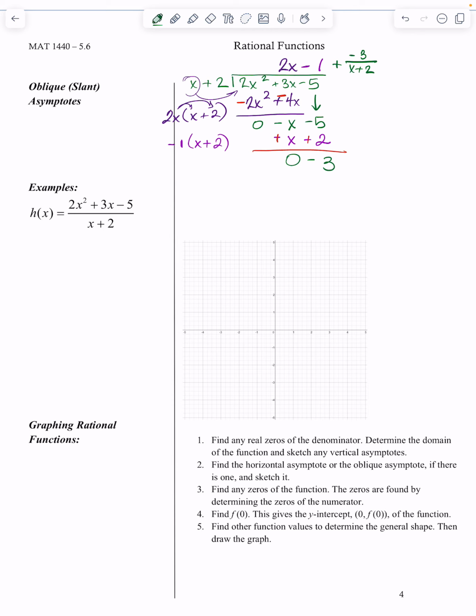Remember, sometimes we write a remainder as "remainder 14." Sometimes we write it as 14 over 37, whatever we're dividing by. Okay, this 2x minus 1, that's our slant asymptote.